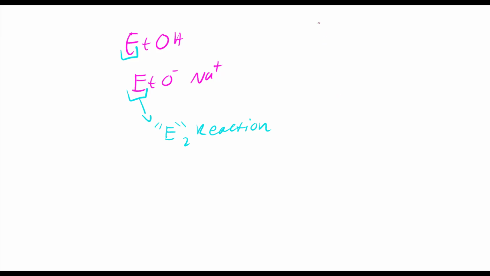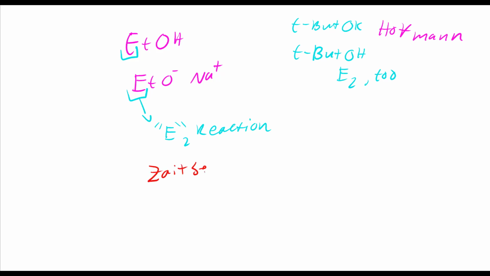And also T-butyl, they're going to go for E2 as well. T-butyl hydroxide, yeah, those are going to do E2 reactions as well. Except you're going to expect some Hofmann. And over here, you're going to expect some Zaitsev. Let's draw this out. So that's Zaitsev, and this is going to be Hofmann.